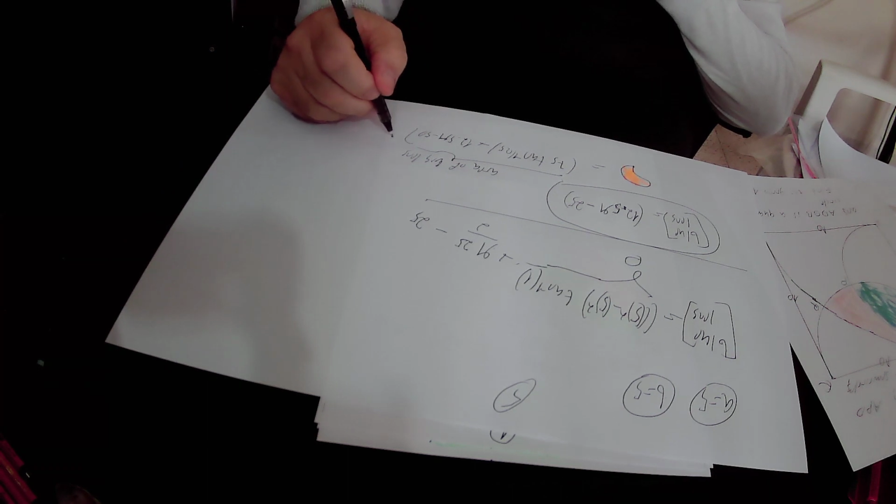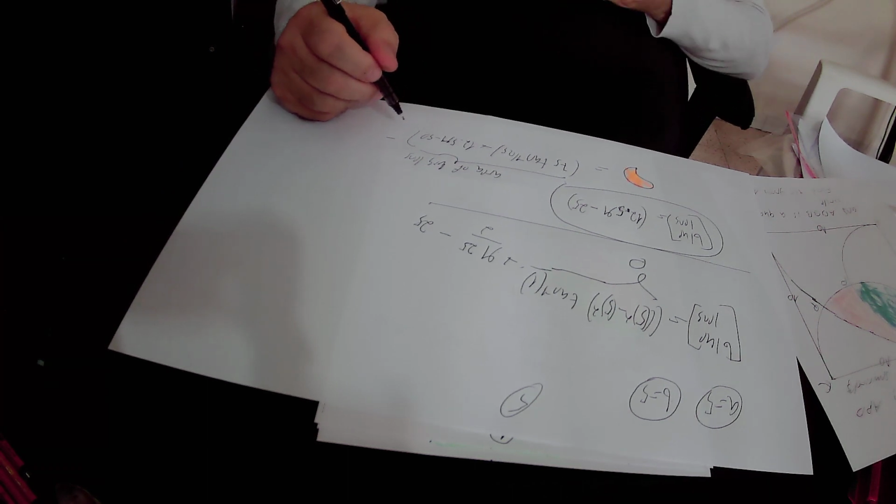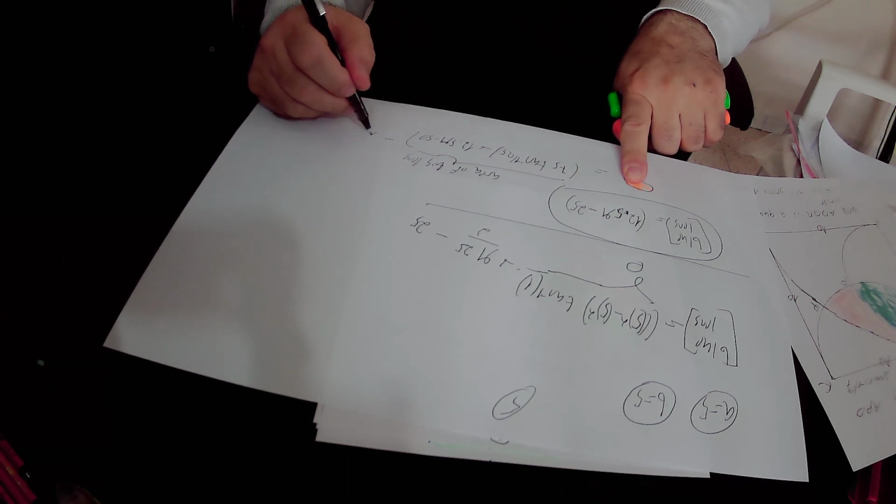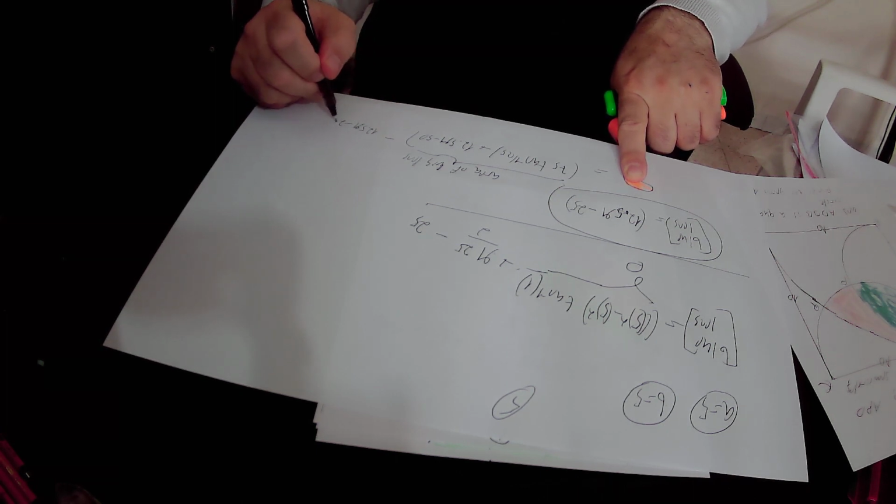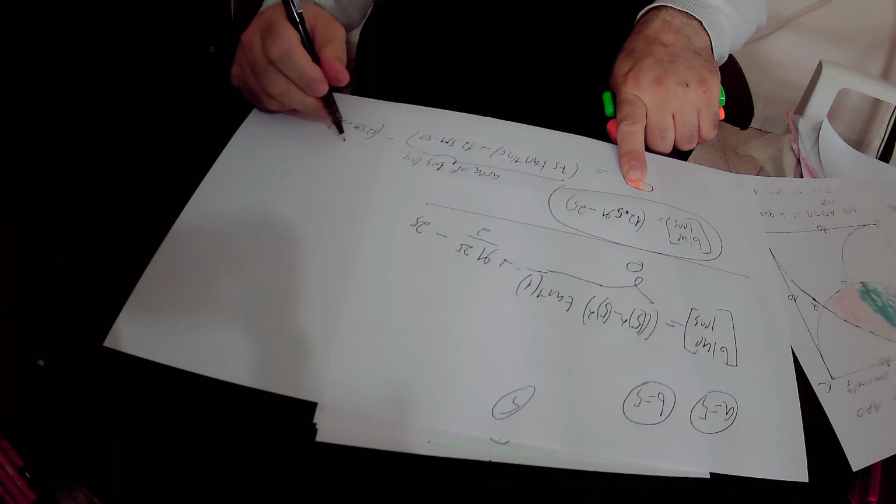Minus the area of the blue lens, and the area of the blue lens is equal to 12.5 pi minus 25. Okay.